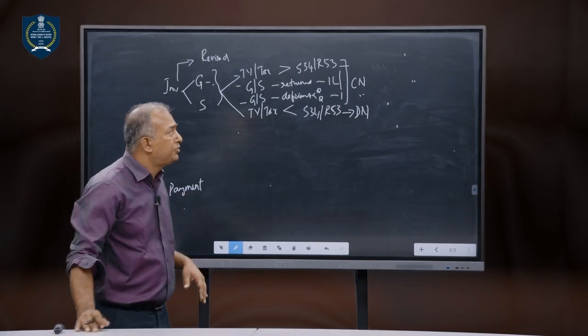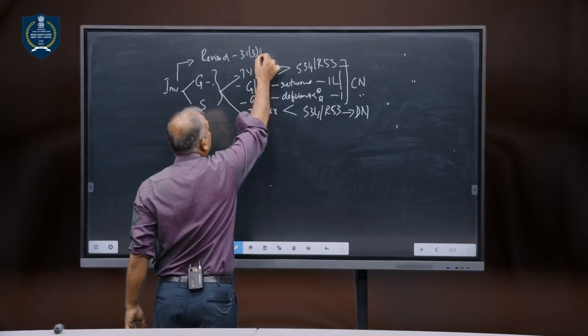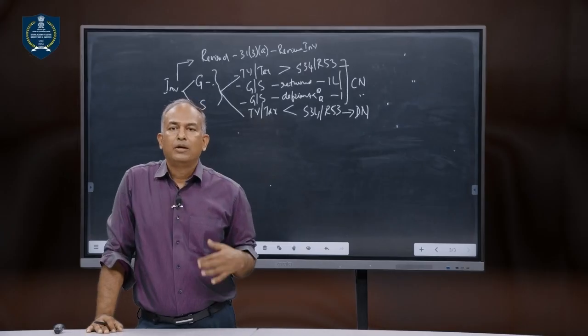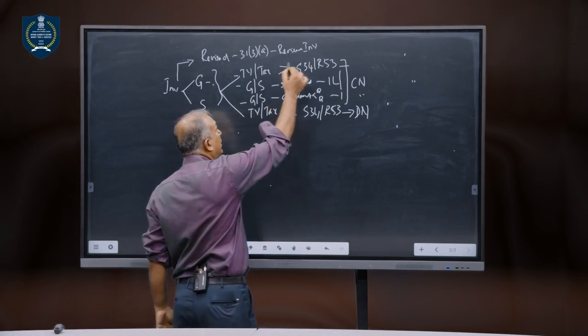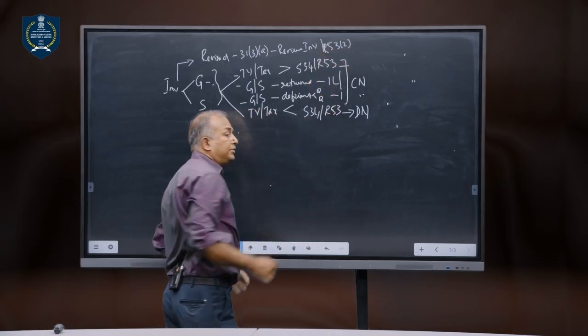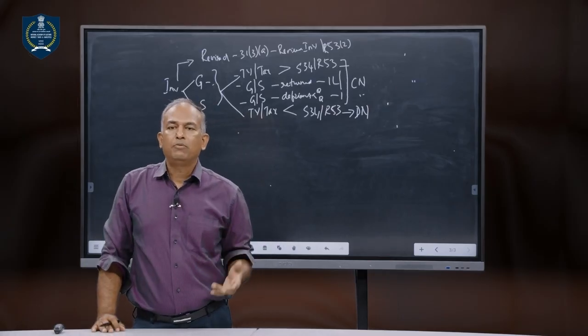But in GST, as per Section 31(3)(a), there is a concept called a revised invoice. There is a document provided under the GST law, Section 31(3)(a) read with Rule 53(2), which says there is a possibility of a revised invoice.